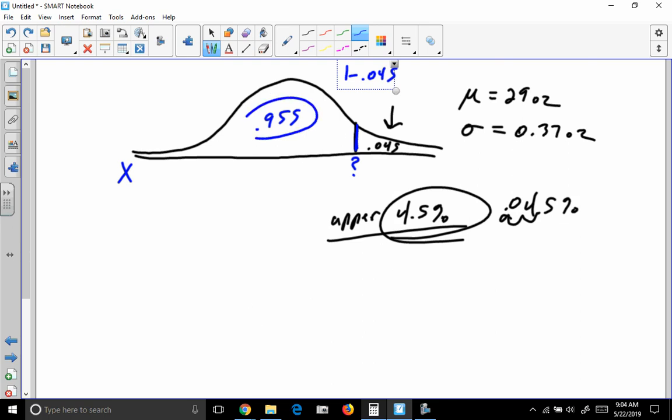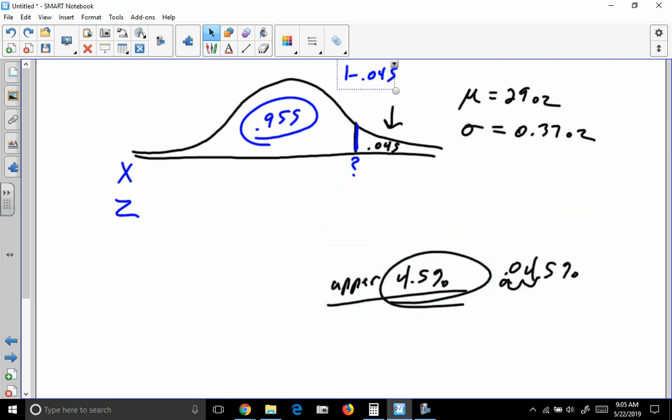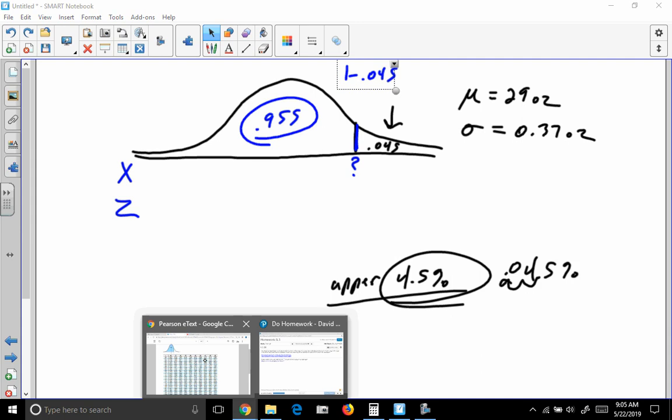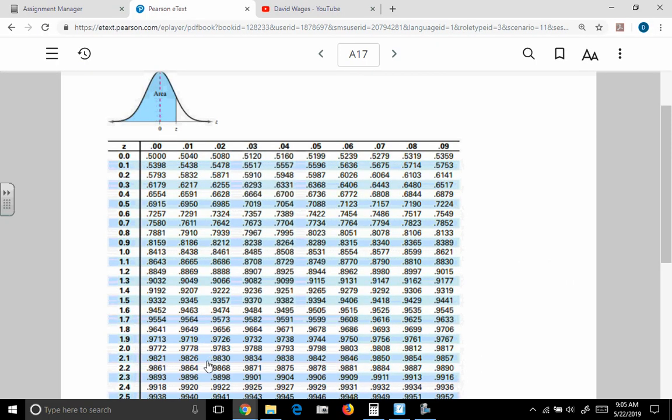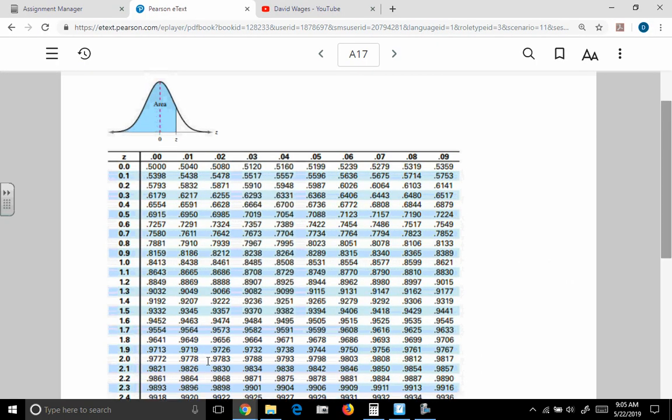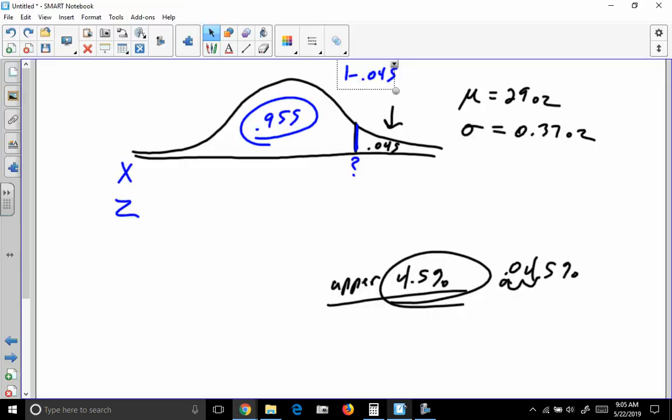When we look up this area, it's going to give us a corresponding Z value. So we go to our table, and we look up an area of 0.955. Here's 0.95. Here's 0.9545. Here's 0.9554.